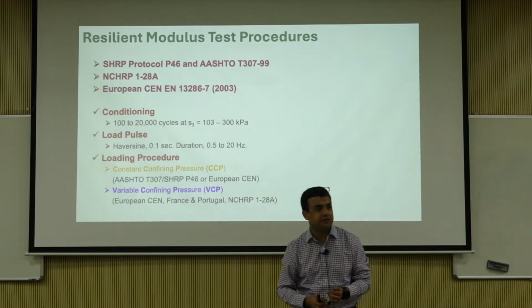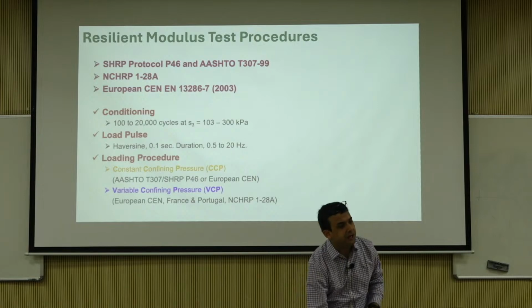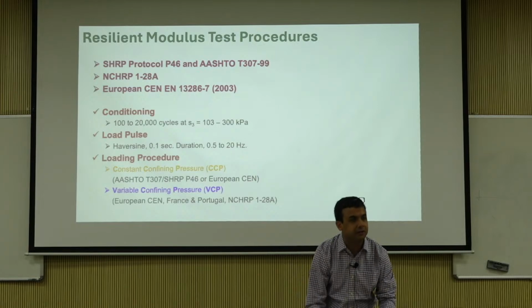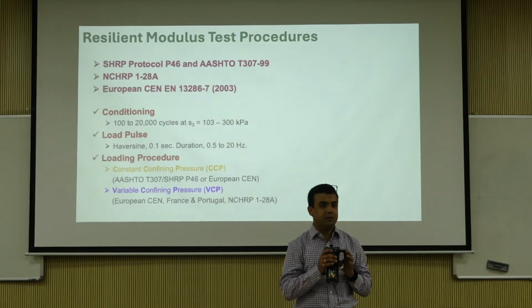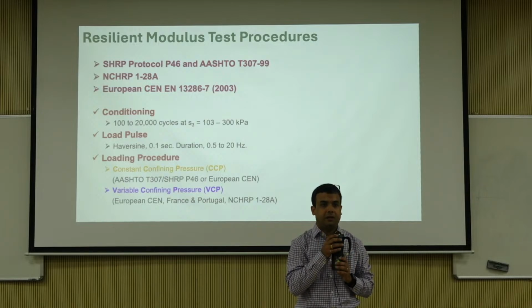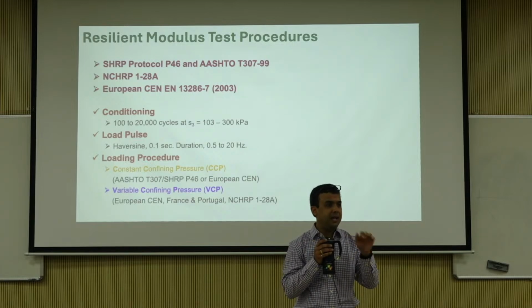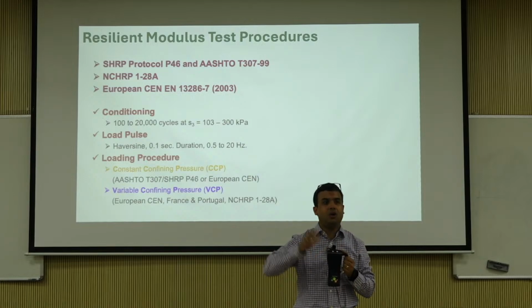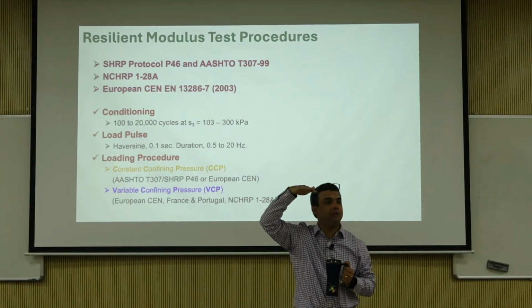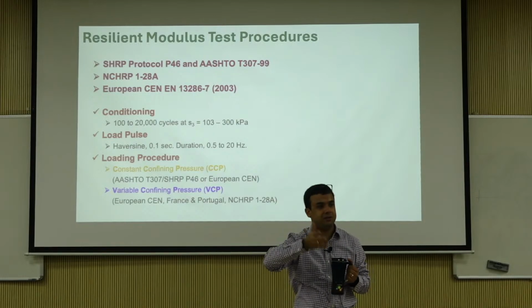Compaction vehicles, are they heavier than regular trucks or lighter than regular trucks? Heavier usually, and they are running directly on top of the layer, whereas trucks are running on the asphalt layer or on the concrete layer, which is dissipating the stress.